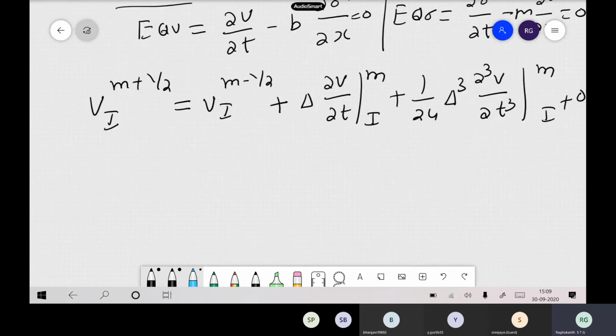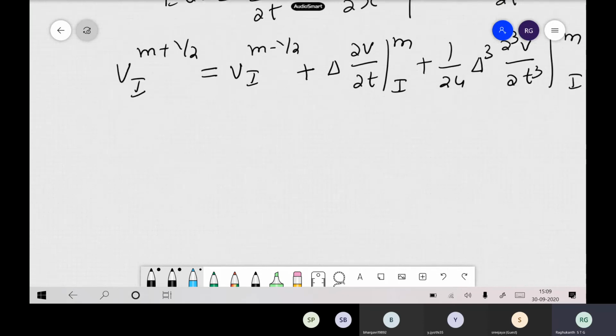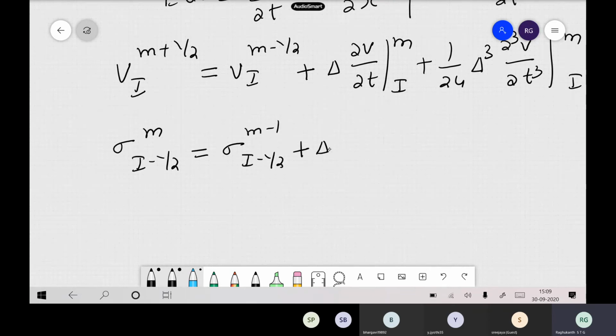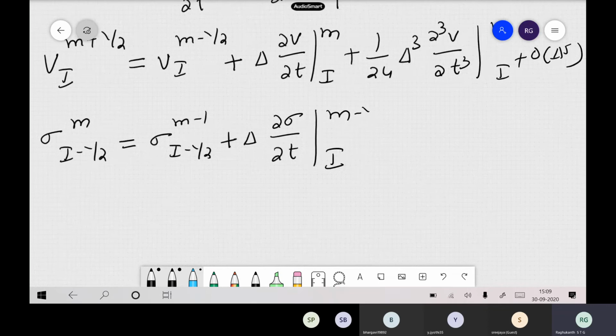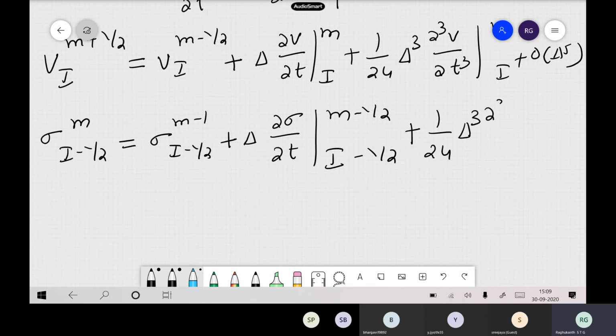Now similarly the Taylor series expansion for the sigma, that also you can write as sigma at i minus half, m minus half, plus delta dou sigma by dou t, plus 1 by 24 delta cube, dou cube sigma by dou t cube.